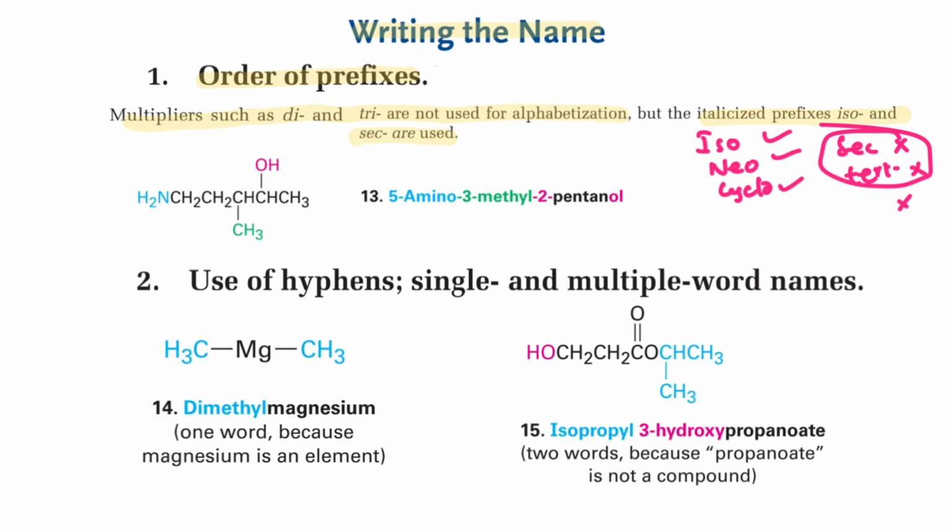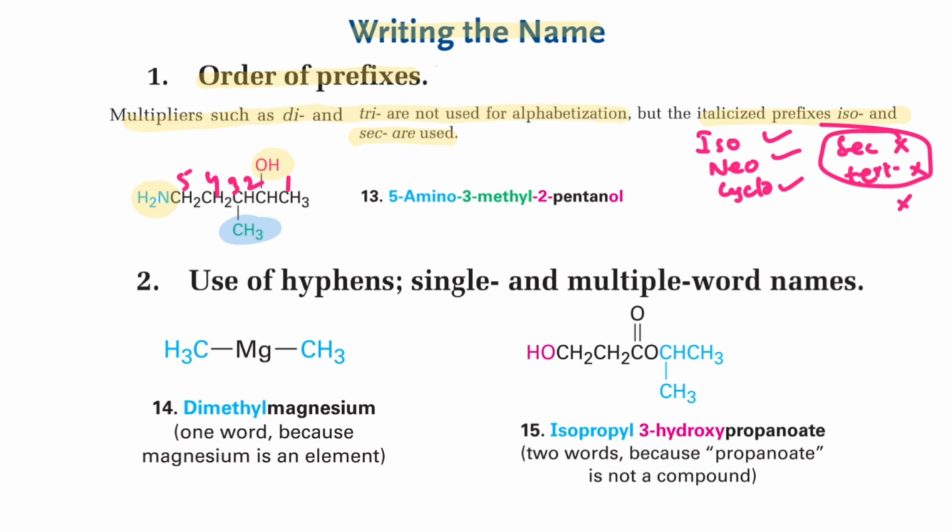Next, the given compound has one hydroxy functional group, an amine functional group, and this is a substituent. According to this, numbering will start from here: 1, 2, 3, 4, 5.